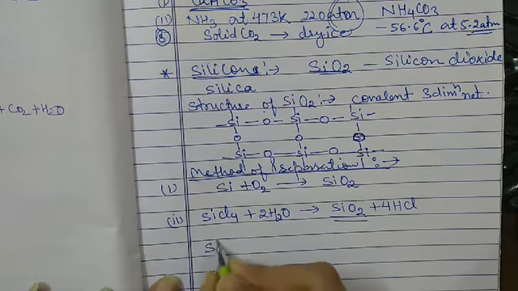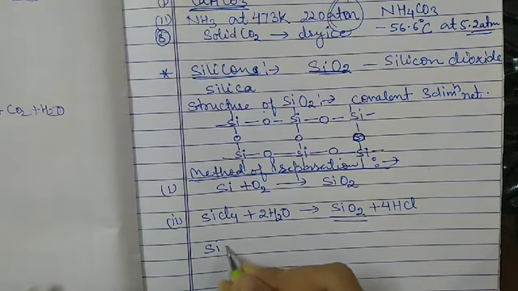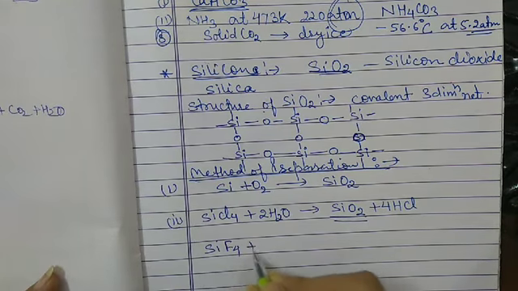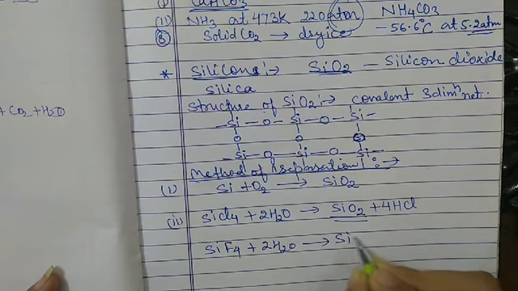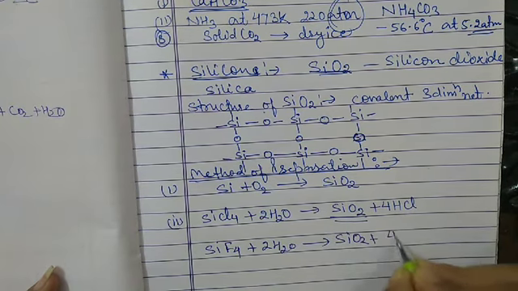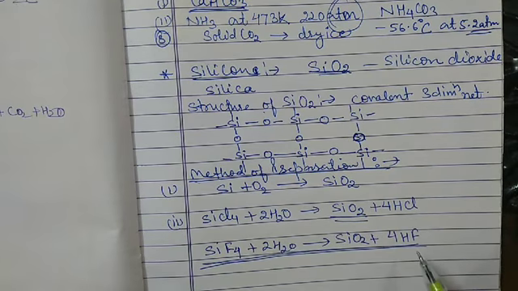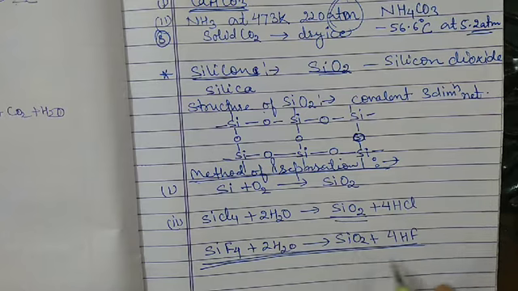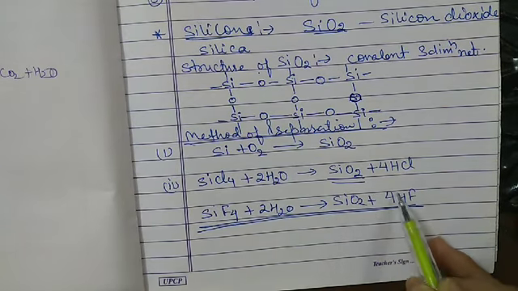Because there is another method, either we choose silicon tetrachloride or silicon tetrafluoride plus 2H2O, that is SiO2 plus 4HF.